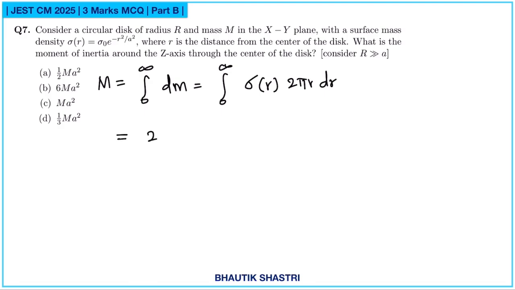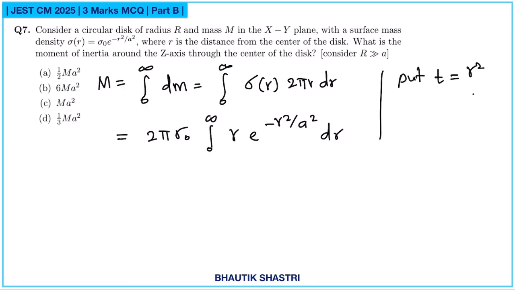This is equal to 2 pi sigma naught integral 0 to infinity r e raised to minus r square by a square dr. Let's put t is equal to r square by a square. So 2r dr by a square is equal to dt.